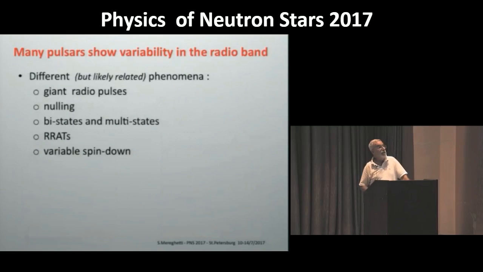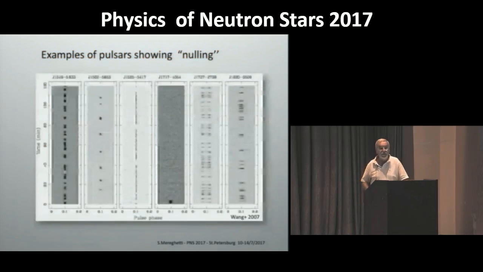On the other hand, in the radio band, there are a lot of very different phenomena, possibly related, in which we indeed see variations in the flux. Here are just a few pictures to show you things that you know already very well. These are examples of pulsars that show nulling in the radio band.